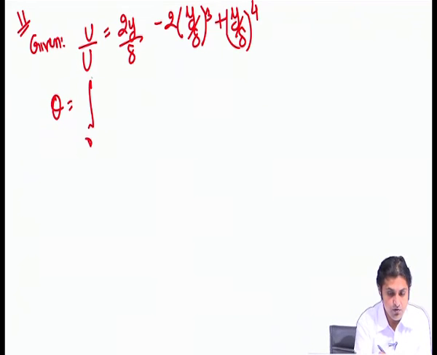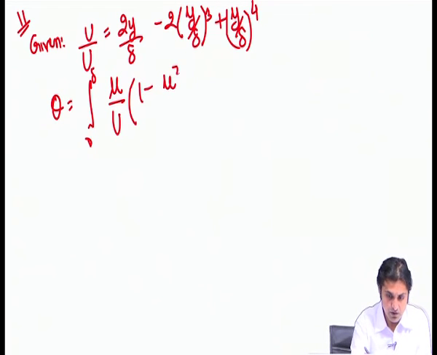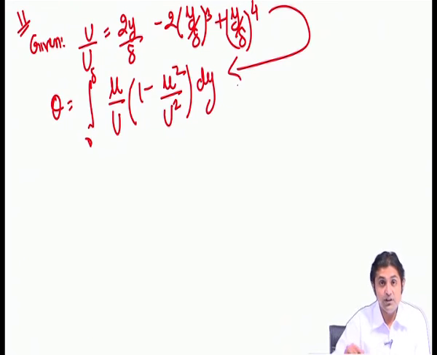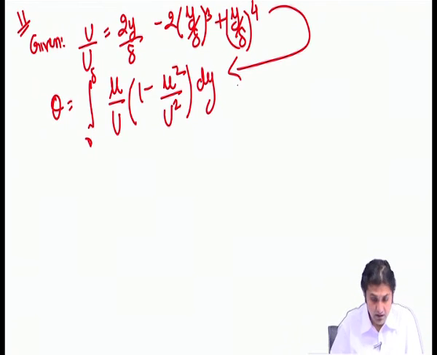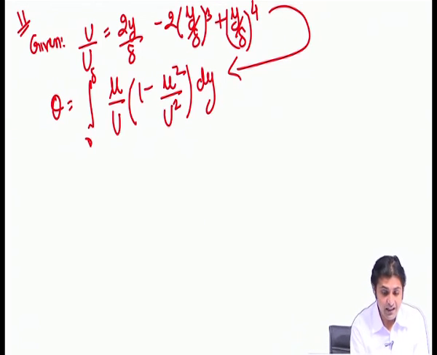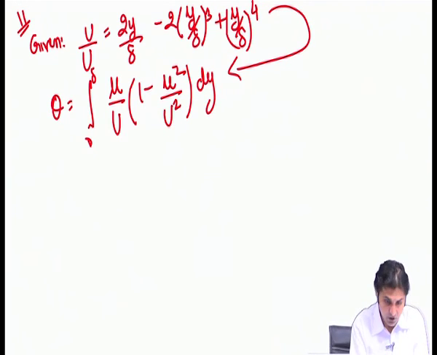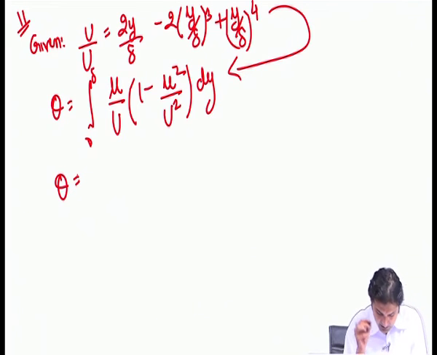It's 0 to delta u by capital U into 1 minus u square by capital U square dy. So this profile you substitute in this equation, and after substituting you integrate with respect to y varying from 0 to delta, and what you are going to obtain, I'll just write down.